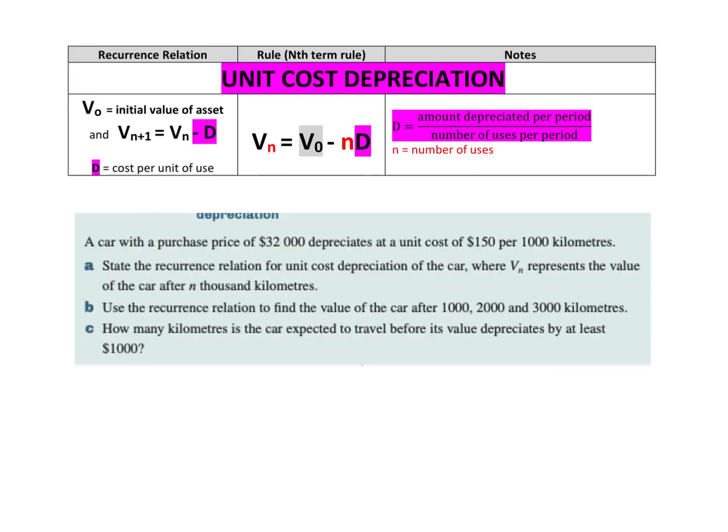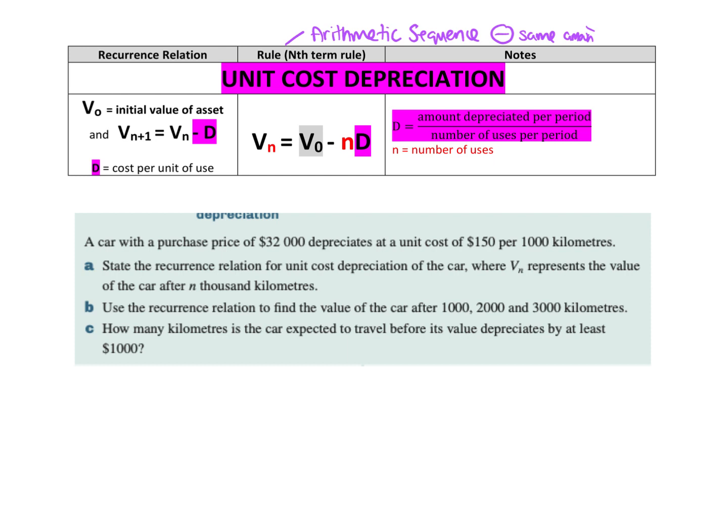Okay, now we're going to look at another type of depreciation, and it's unit cost. And it is still an arithmetic-like sequence where you're still minusing the same amount. The only difference with this one is that with flat rate, it was a percentage of the cost of the actual item.